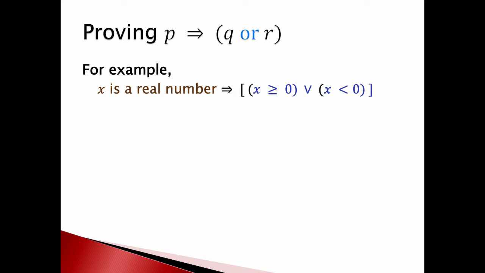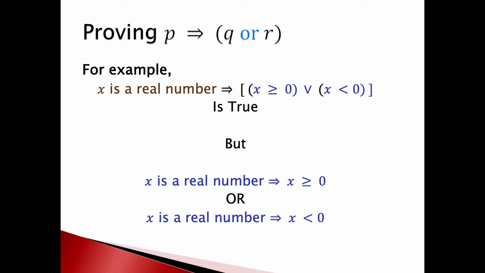Then the R part is X is less than 0. And of course that's true, right? If you have a real number, then either it's bigger than or equal to 0 or it's less than 0, right? So that's easy enough. But that's not the same as writing it as X is a real number implies X is bigger than or equal to 0, or X is a real number implies X is less than 0, because that's false.